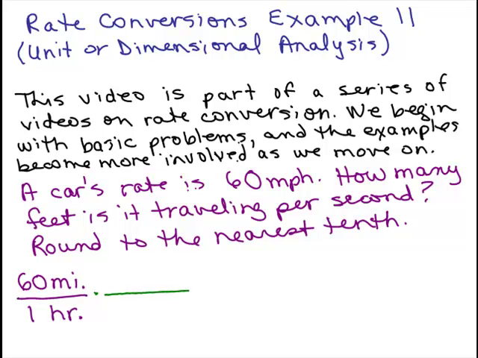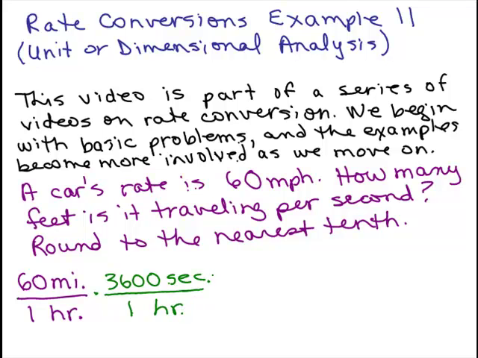Now, hopefully you know that there are 3,600 seconds in an hour. That makes this a little bit easier. And if not, you can do that in 2 steps by saying, first of all, 1 hour is 60 minutes and 1 minute is 60 seconds. But this simplifies things if you use this conversion.